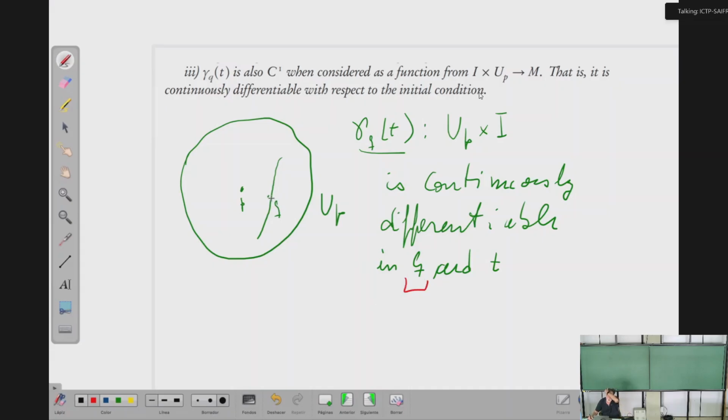That if I move a bit the curve that goes through here, it will be very close. It's not the case that if you move a bit here, the curve does something totally different.